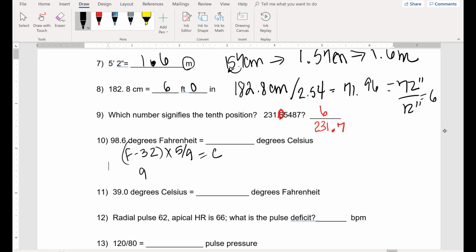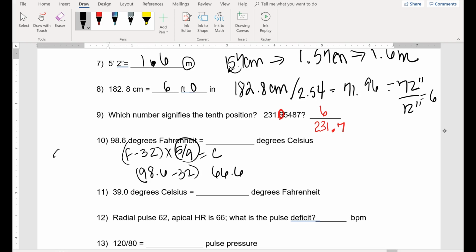So we have 98.6 degrees minus 32. 98.6 minus 32 equals 66.6. Okay, so that's our answer here.